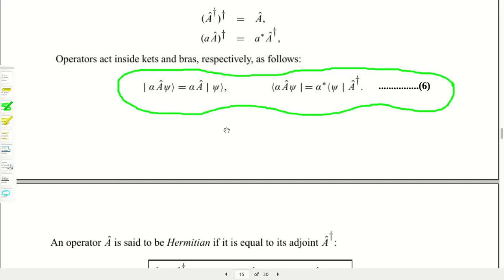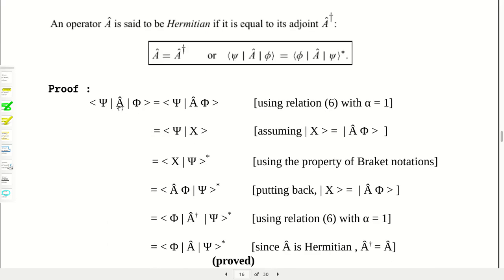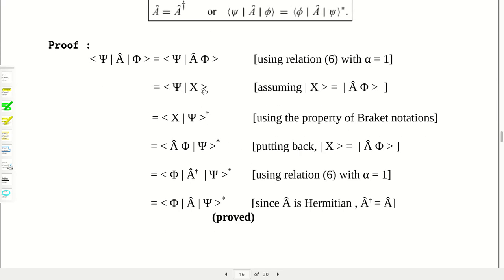The meaning is the same. So a φ is actually the ket a φ. Now consider this a φ as a new function χ. So ⟨ψ|χ⟩ in bracket notation is equal to ⟨χ|ψ⟩*.